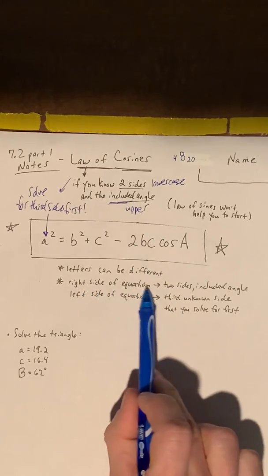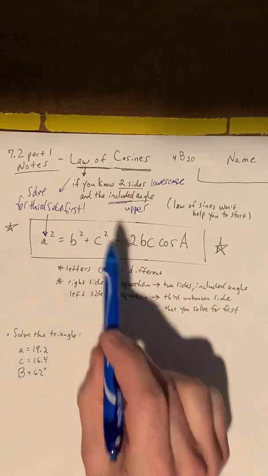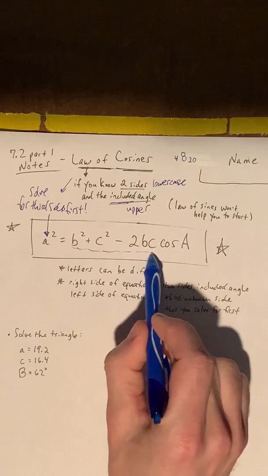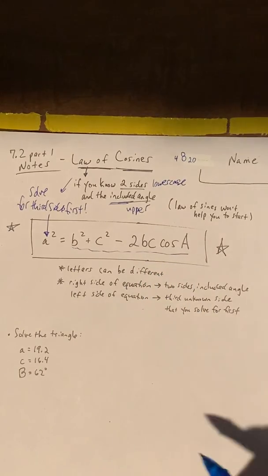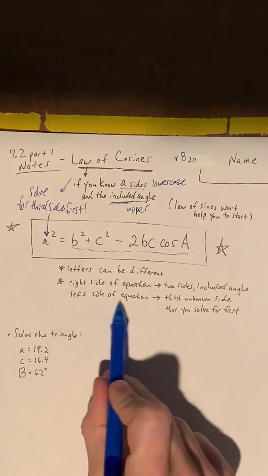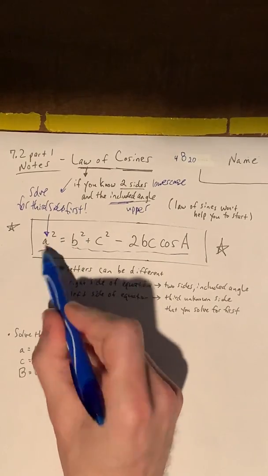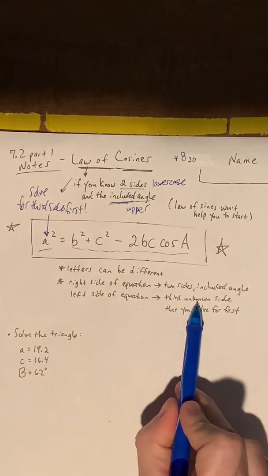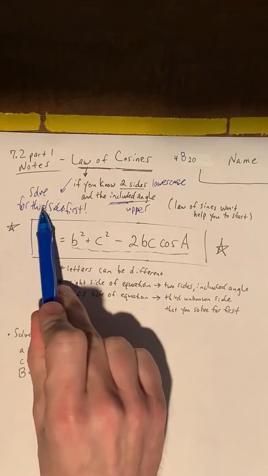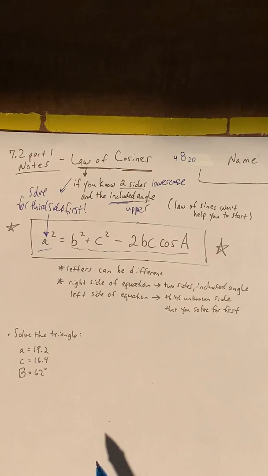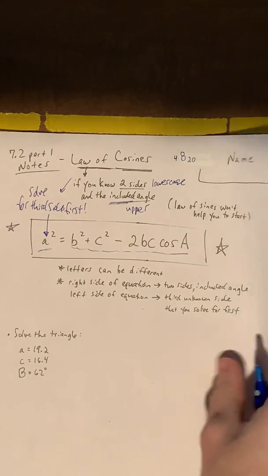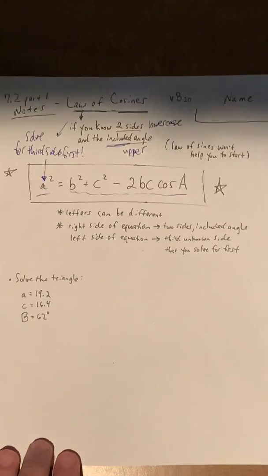The right side of the equation are the 2 sides of the included angle. Here on the right side, we plug those in. It's very simple. And the left side of the equation, right here, is the 3rd unknown side, the one we're going to solve for first. All right, so let's go ahead and do an example and see how this equation works.